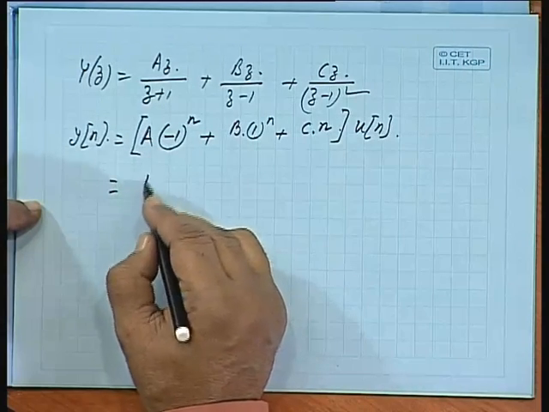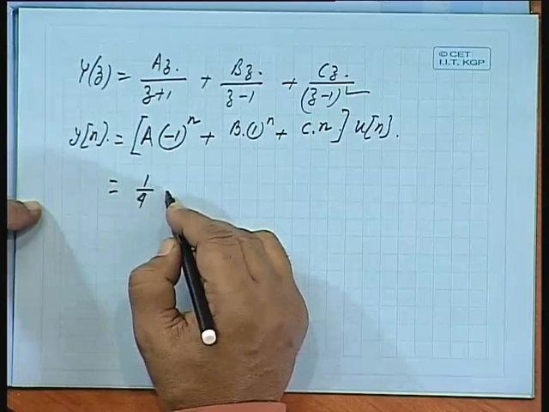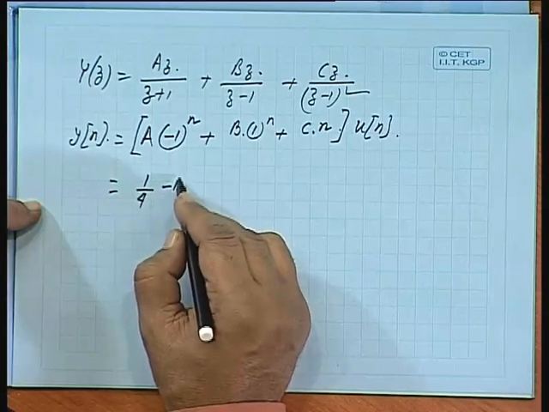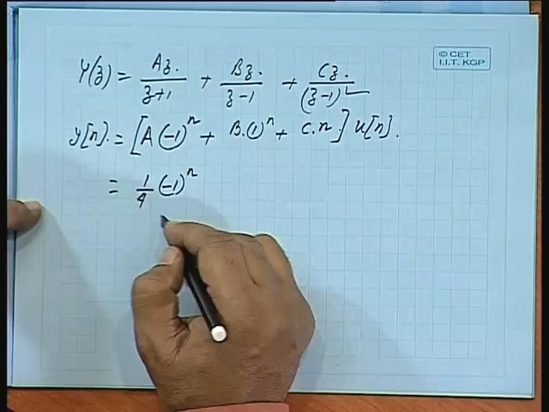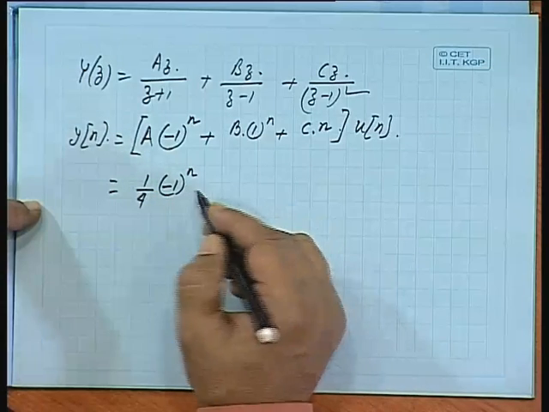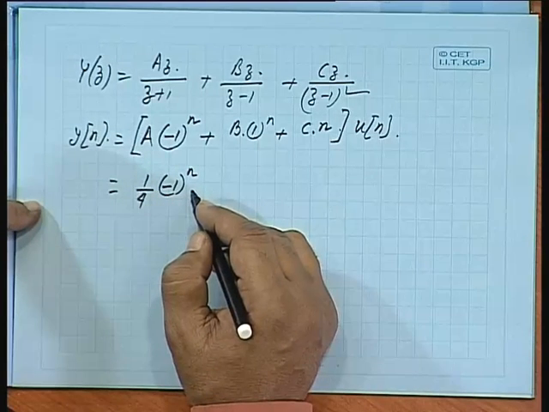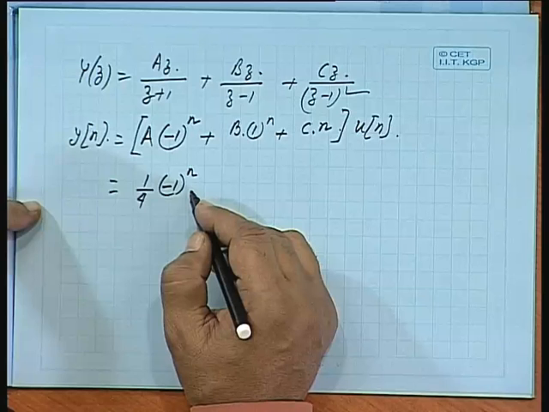A is 1 by 4, into minus 1 to the power n. You can write minus 1 by 4 to the power n. Can I write like that? Should it be minus 1 by 4 to the power n?